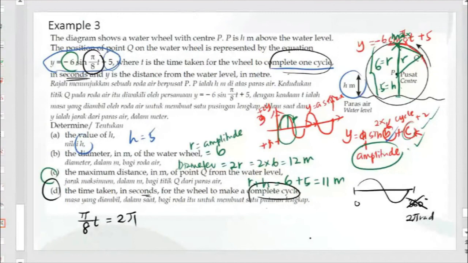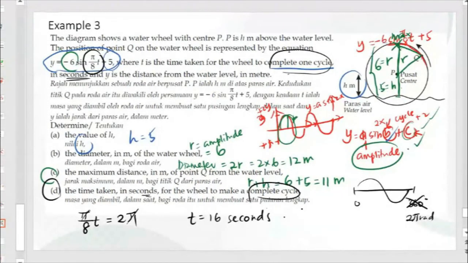That's it. Okay, you understand? Because the sine, for example sin B, means the value it takes to complete one cycle. So this is one cycle, pi over x t equal to 2 pi. So you simplify, then x moves to the right hand side, t equals 16 seconds. That's it.